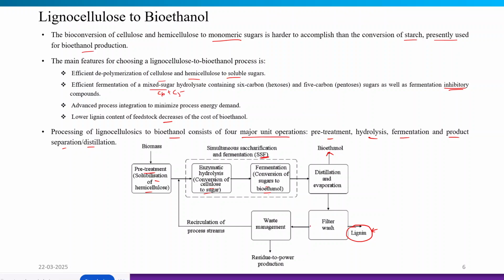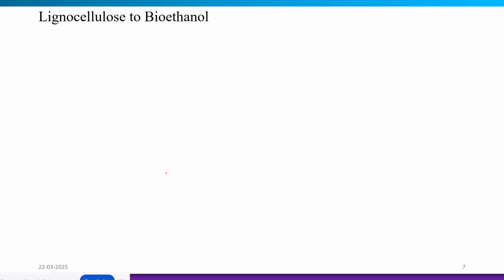Then there is waste management, and some of the process streams are recirculated. So this is an overall simplified process diagram of how bioethanol is produced from the biomass feedstock.